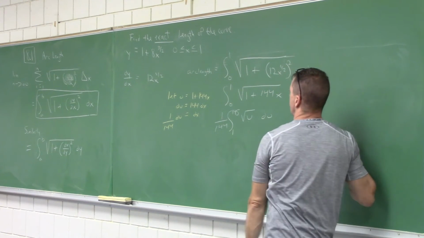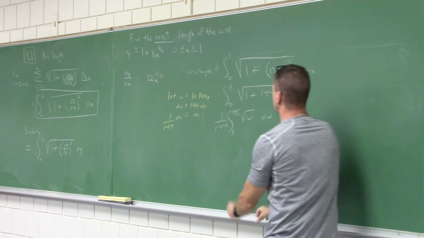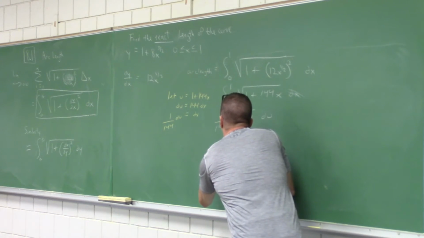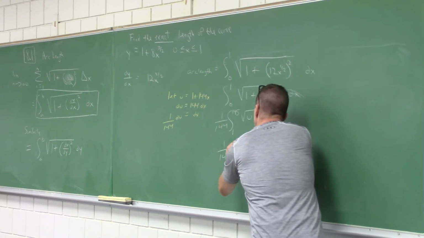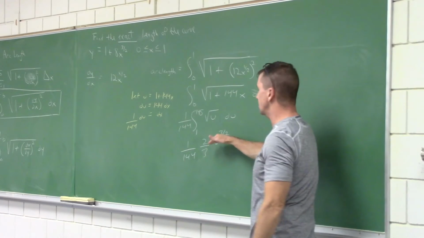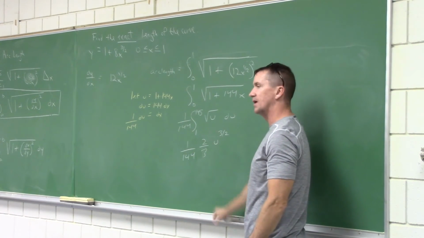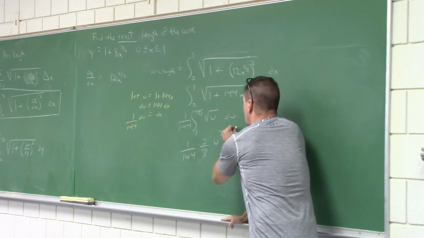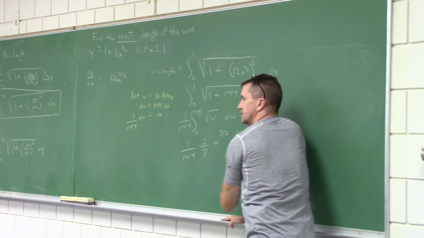All right. What's the integral of u to the 1/2? That would be 2/3 u to the 3/2. Outstanding. 2/3 u to the 3/2. See, u to the 3/2 divided by 3/2 means multiply by 2/3. I'll just plug these numbers in.